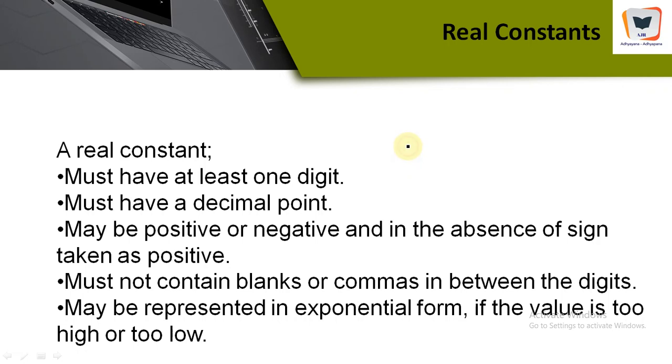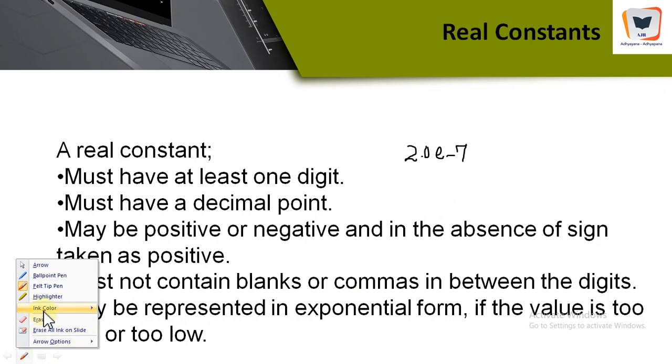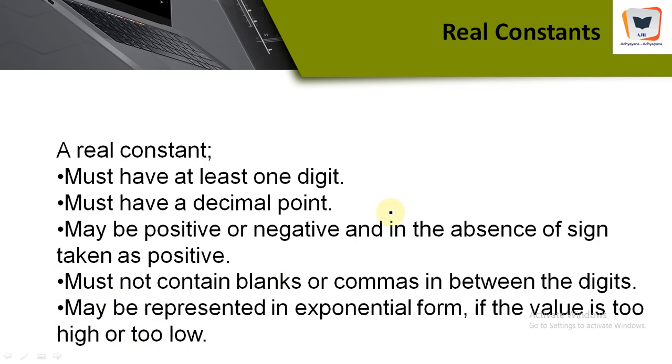This means 2.0 into 10 to the power of minus 7. You can give it like this only while inputting a number. That means a float number can be represented in a scientific way.